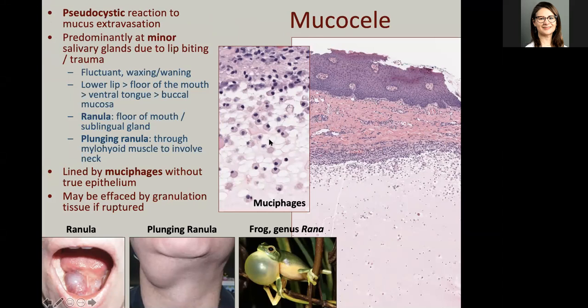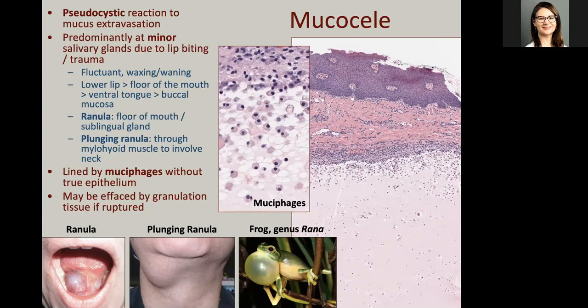And so what you see are actually these macrophages, which are termed mucophages, right? So the macrophages that eat the mucin are the mucophages. And then this wall of fibrous tissue and inflammation. It's not lined by a true epithelial lining, hence a pseudocyst. But we see these mucoceles, of course, as fluctuant lesions in the lip, the tongue, the mouth, where people could potentially be biting and leaking mucin out, etc.